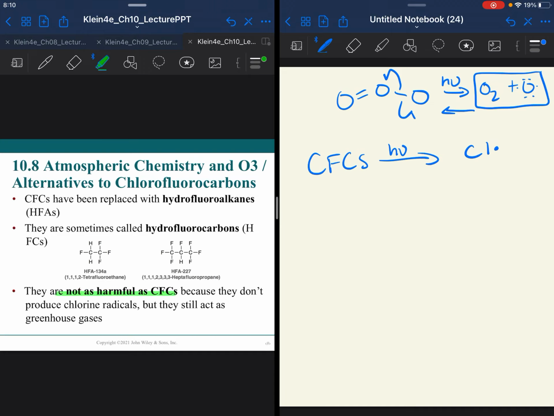They're not as harmful as CFCs. They're still greenhouse gases, so they still have issues that we want to be thoughtful about, but they don't produce those really harmful chlorine radicals. So this is just a really interesting radical reaction with some very important applications.